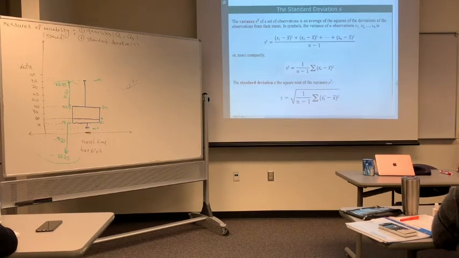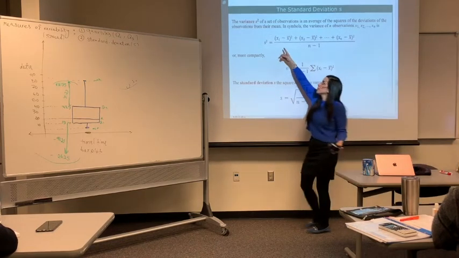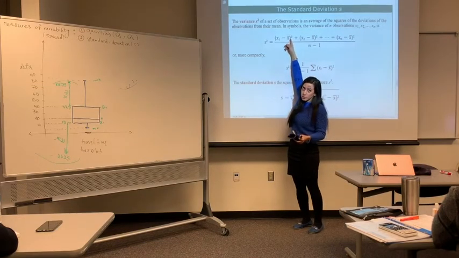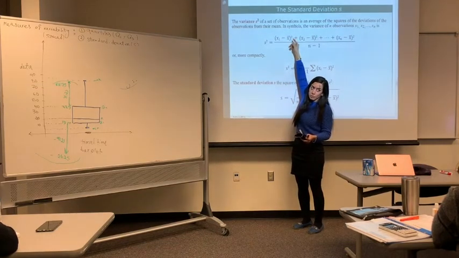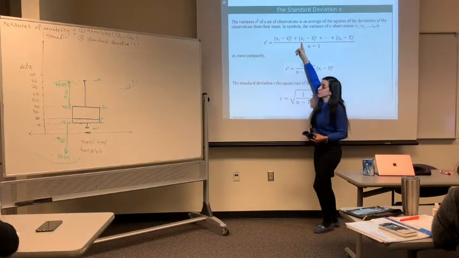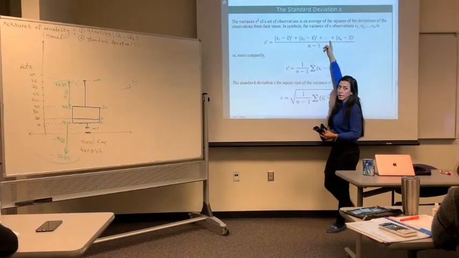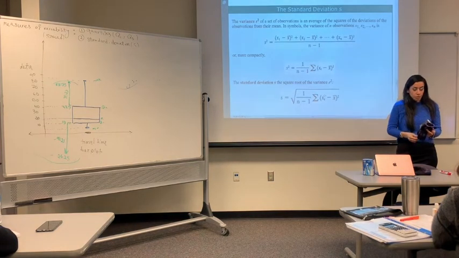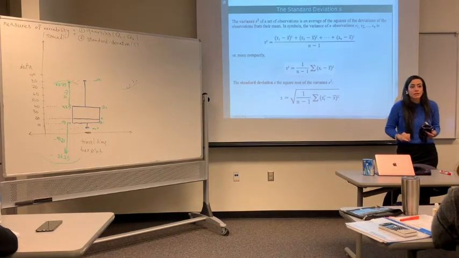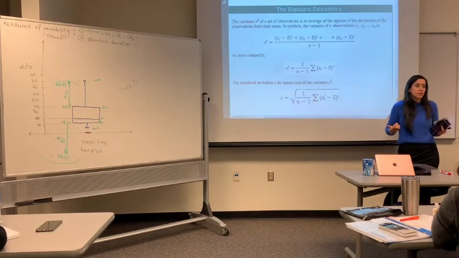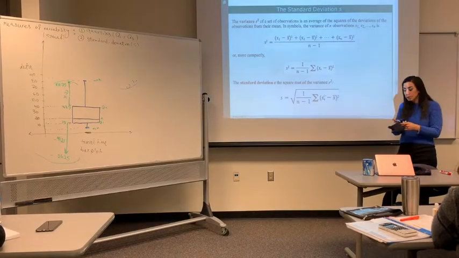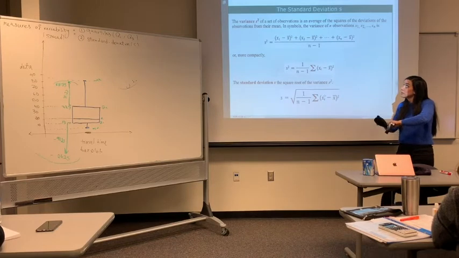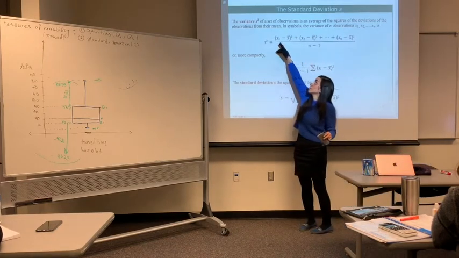Do you see that? The first observation minus the mean, power 2, plus the second observation minus the mean, power 2, and up to the last observation. So if we have 14 observations in our data set, how many parentheses should we have? 14 parentheses, correct? Subtract each individual observation from the mean.